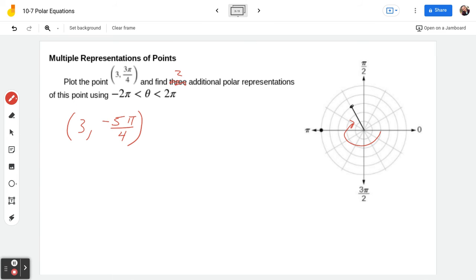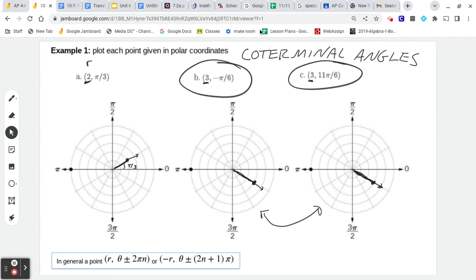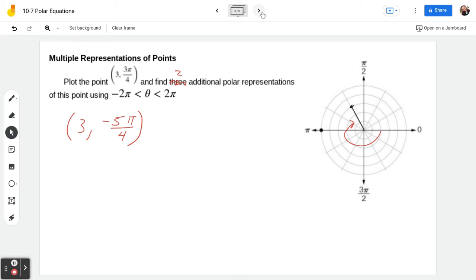The last one actually comes from the derived formula previously. So I'm going to go ahead and copy and paste that. I also know that if I make r negative, so instead of saying I start with 3, I make r negative, I know that it's going to be my theta plus or minus (2n plus 1) pi. So n could really be anything.